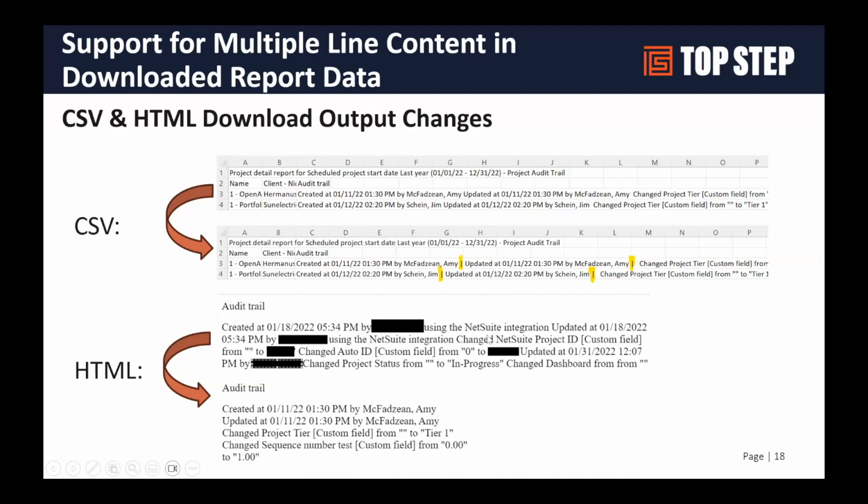And same for HTML. It would come out in more of a paragraph format versus a page break, line break, so much clearer to look at. So again, this is already auto-enabled in everyone's account, and could be very helpful for administrators trying to parse out audit data.